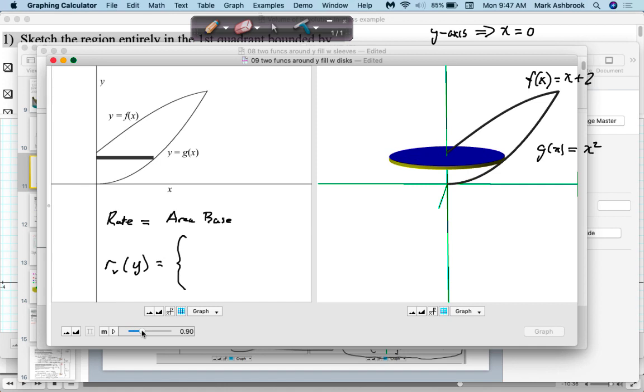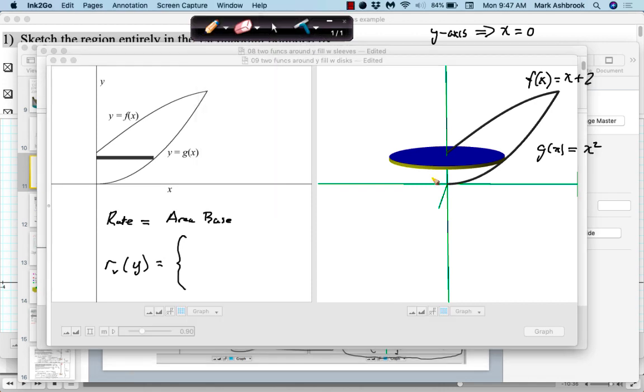So the question now is, what is r? If we're doing pi r squared, what is r? Is it an x coordinate, a y coordinate, a big change in x, or a big change in y? The radius is from here to there.